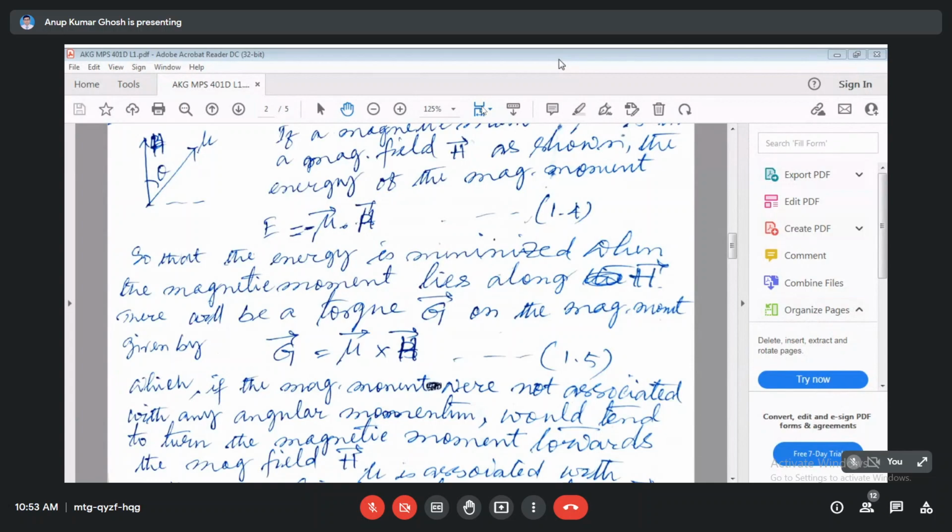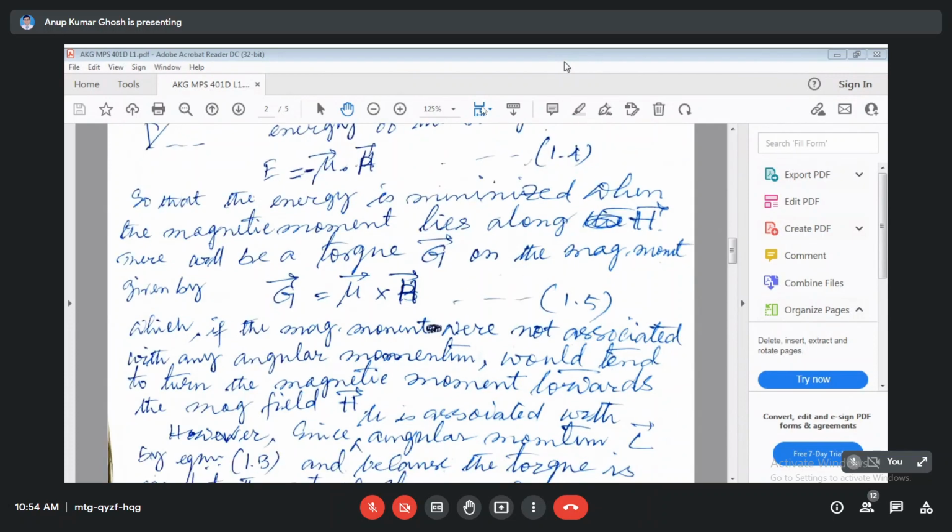The magnetic field will try to orient the magnetic moment in its own direction, and for the orientation, definitely a torque, a couple, will be required.